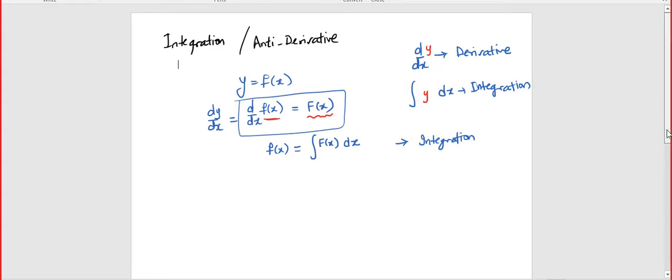As one of you already said, we use derivative because it gives you the rate of change of a function. Similarly, integration is used because it will give you the area under the curve.